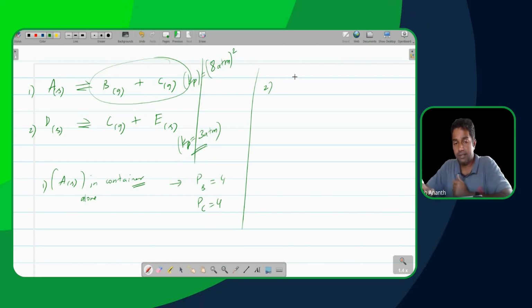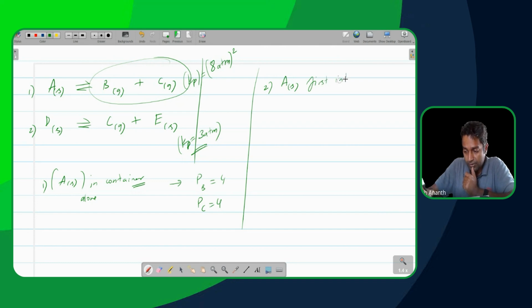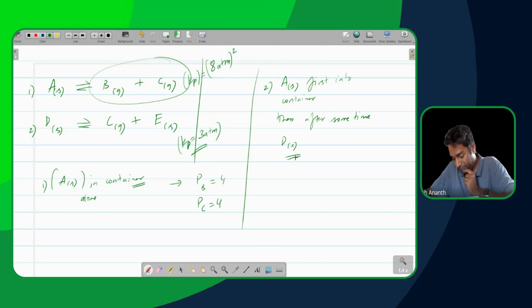In this case, I am going to be taking A solid first into the container. Then after some time, I'm going to be adding D solid. What happens now?